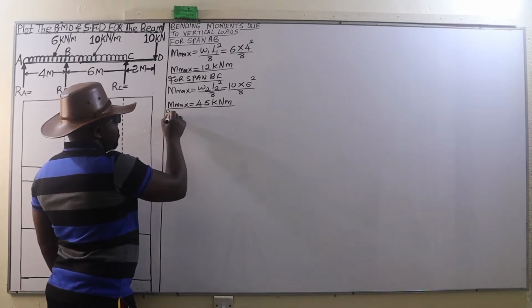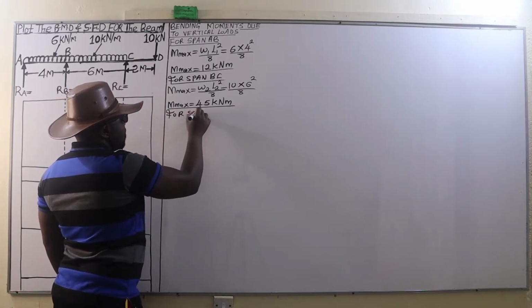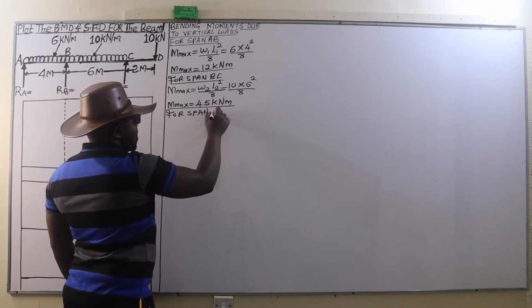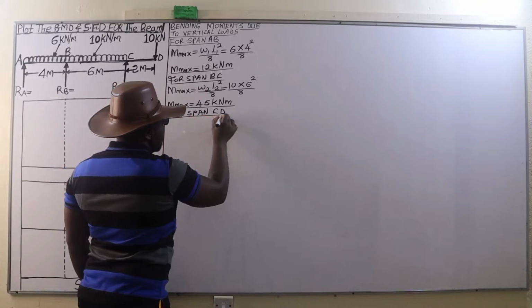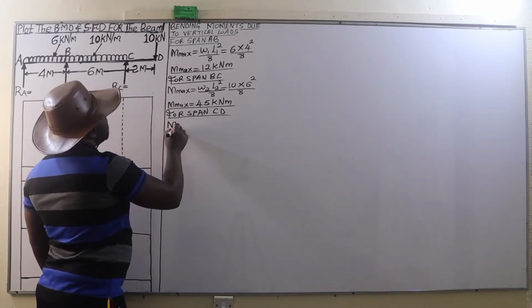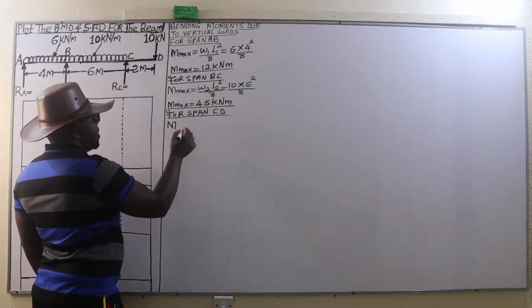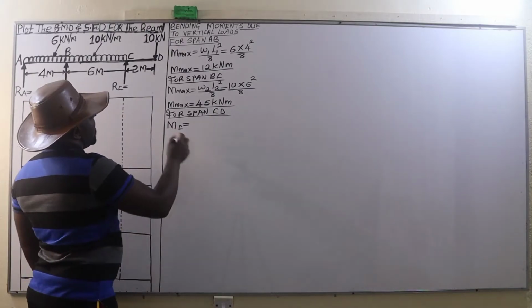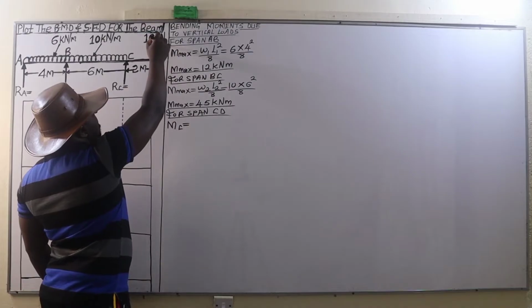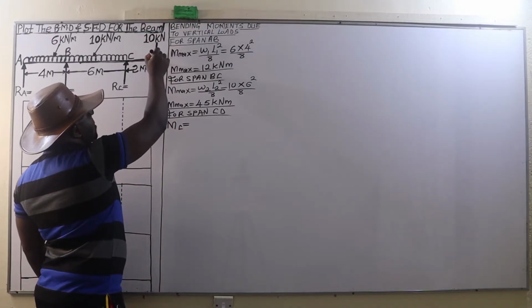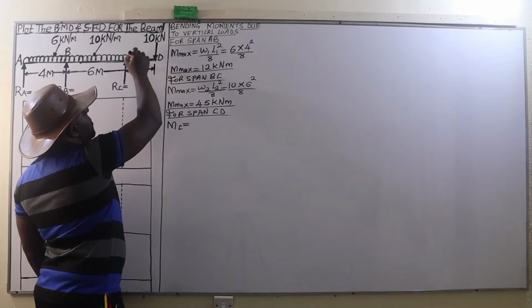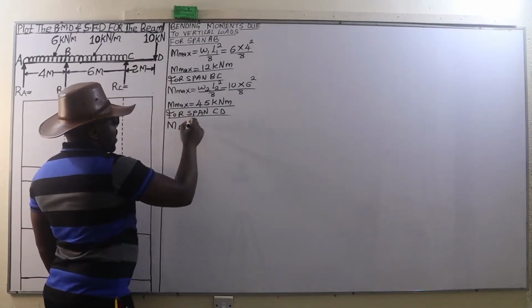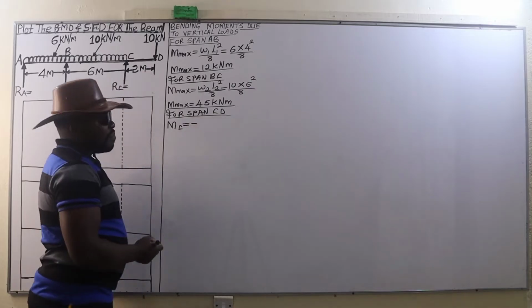Then we go to the span CD. So for the span CD, the bending moment at C, that is MC, will be given by the point load, 10 kilonewtons, times the distance from D to C. So in this case, since this end is overhanging, the bending moment is going to be negative.